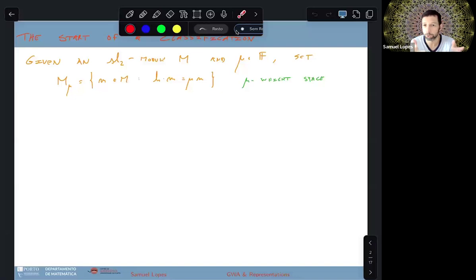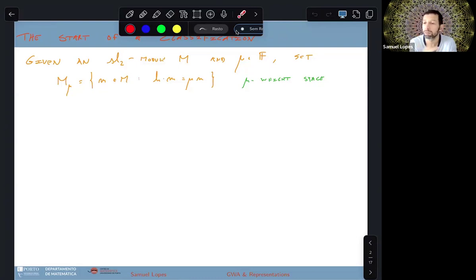Given any module, I'm going to focus today on finite dimensional modules, but even if the module is infinite dimensional, I can look at the eigenspace for H on that module: the vectors in M on which H acts as multiplication by a given scalar. In this definition, mu, this is the notation I'm going to use, is the mu eigenspace for the action of H on the module M.